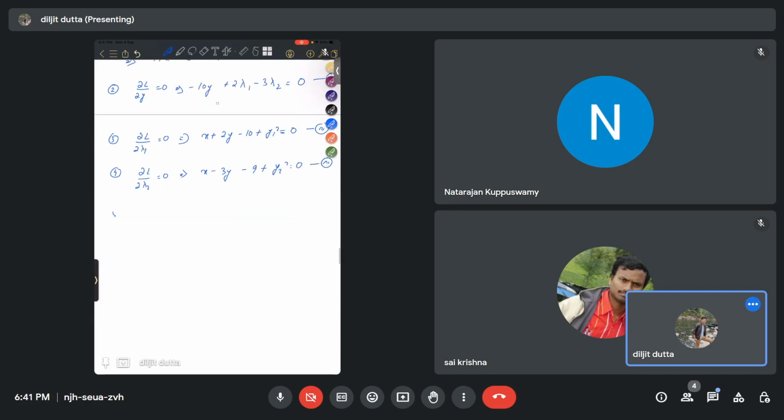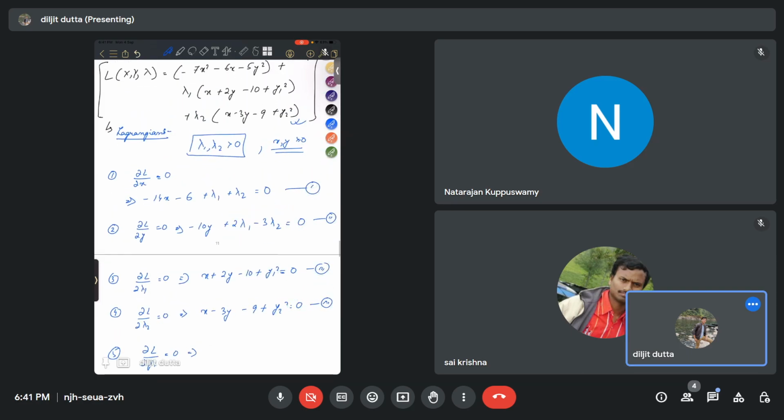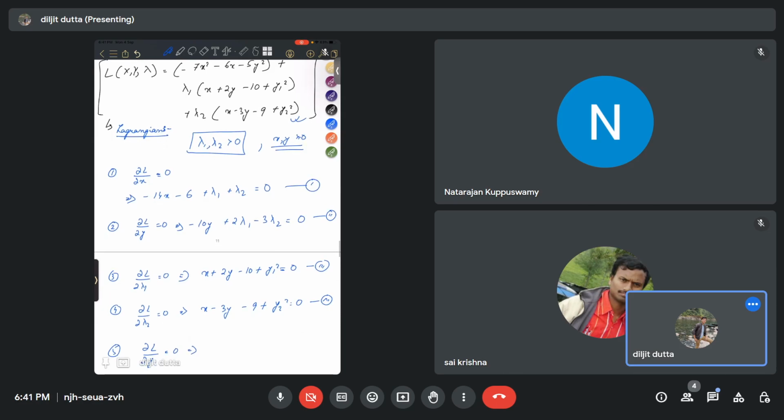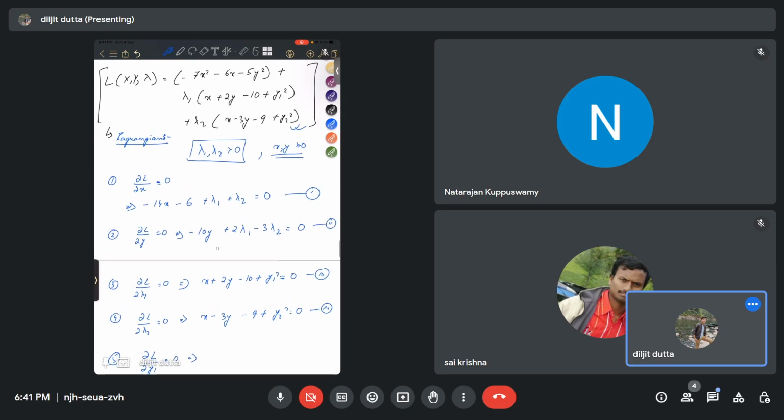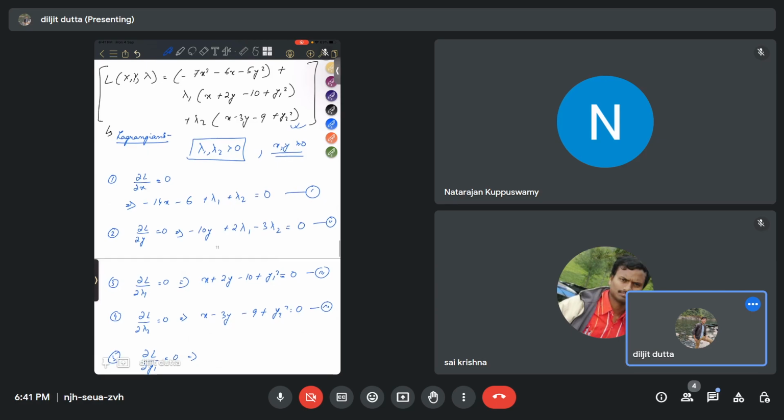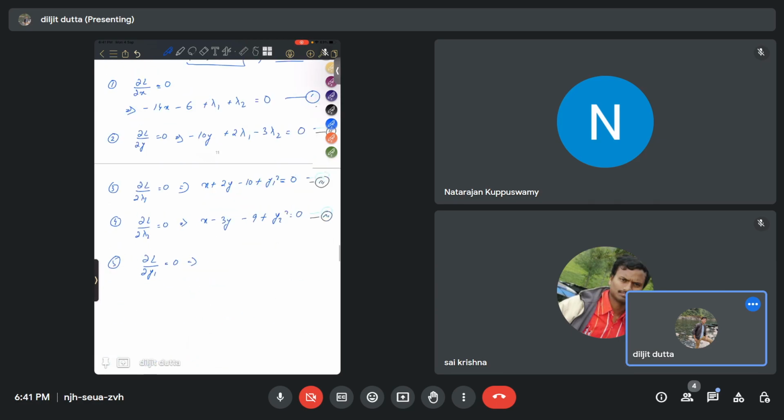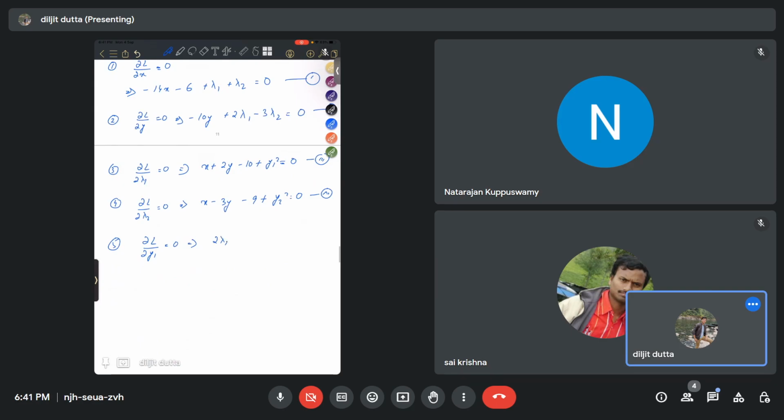Then the fifth term will be coming as del L by del y1 is equal to 0. So this implies 2 lambda 1 y1 is equal to 0.